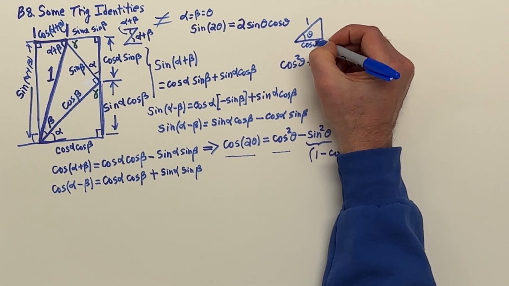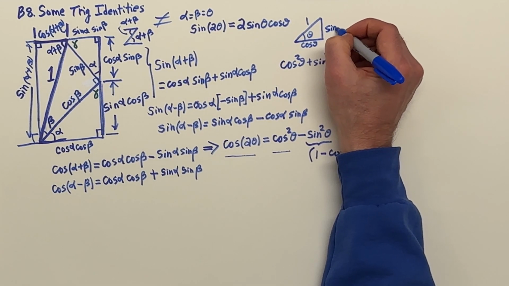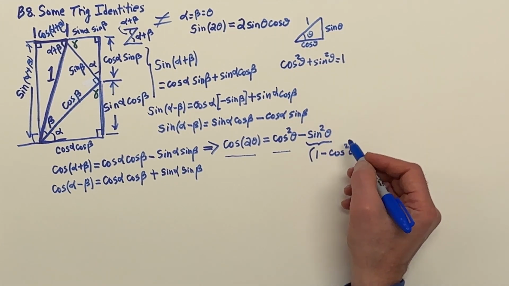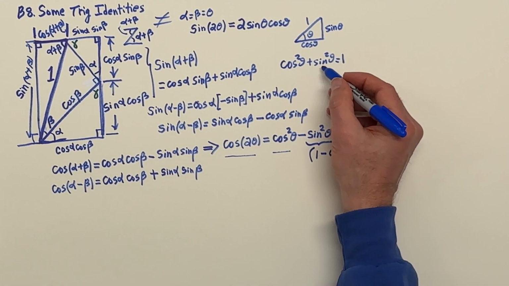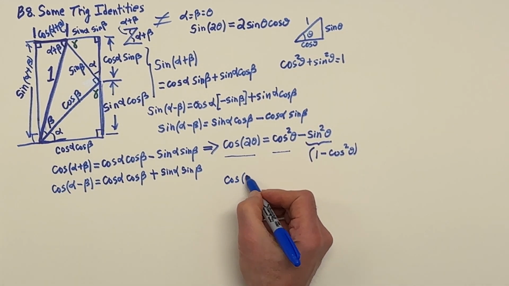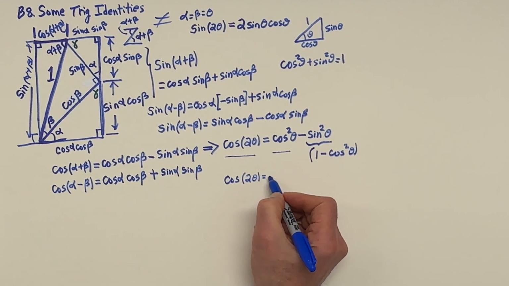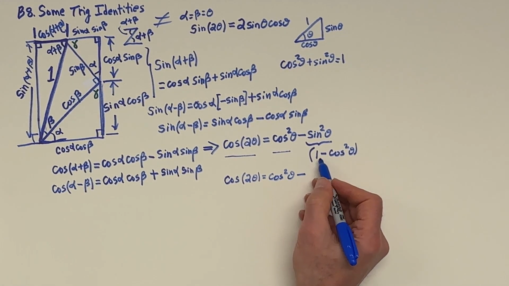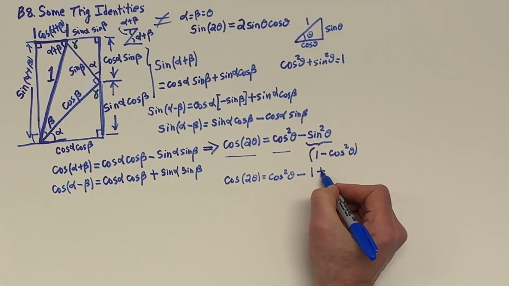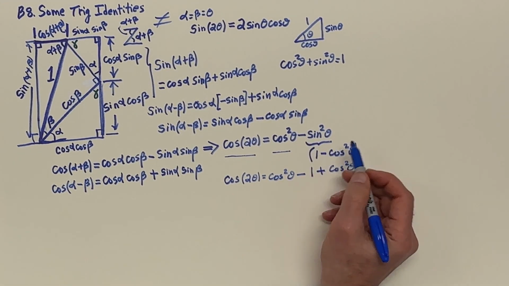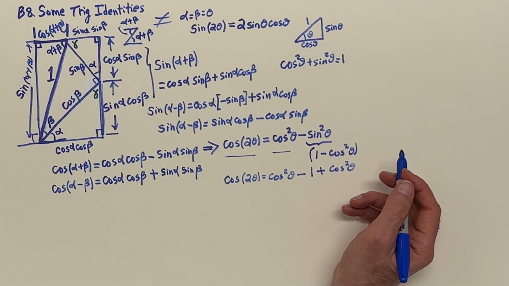This is your cosine, the adjacent, and your opposite, your sine. If you square these and add the squares, you get 1 squared, which is 1. So that means the sine squared is 1 minus cosine squared. So when you do this, you get another identity: cosine squared theta minus 1 plus cosine squared theta, because the minus signs give you the plus sign.